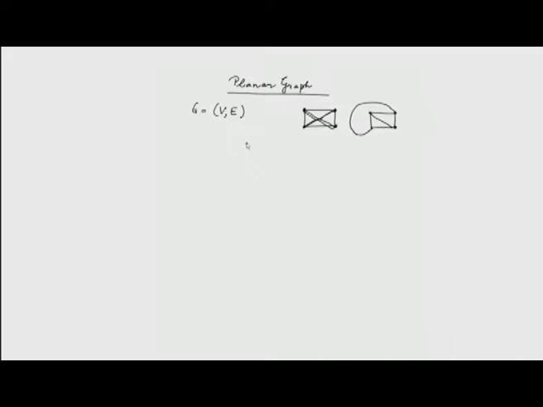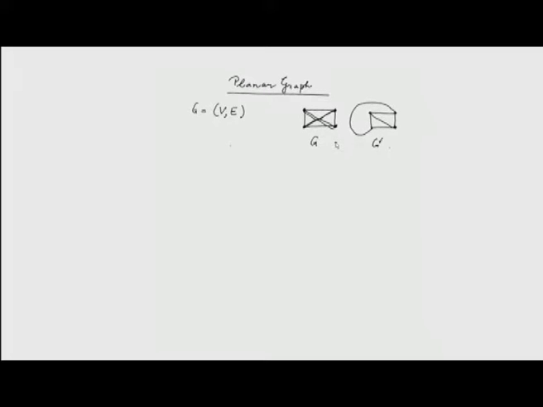Now, we see that this graph G and the other one G prime both are essentially the same, although if you look at this graph, no edge is overlapping with another, I mean cutting another.